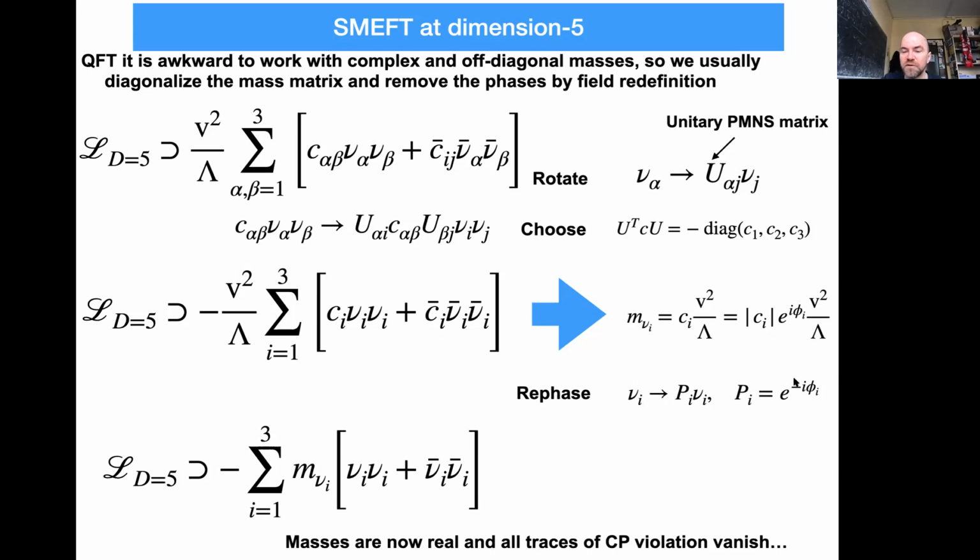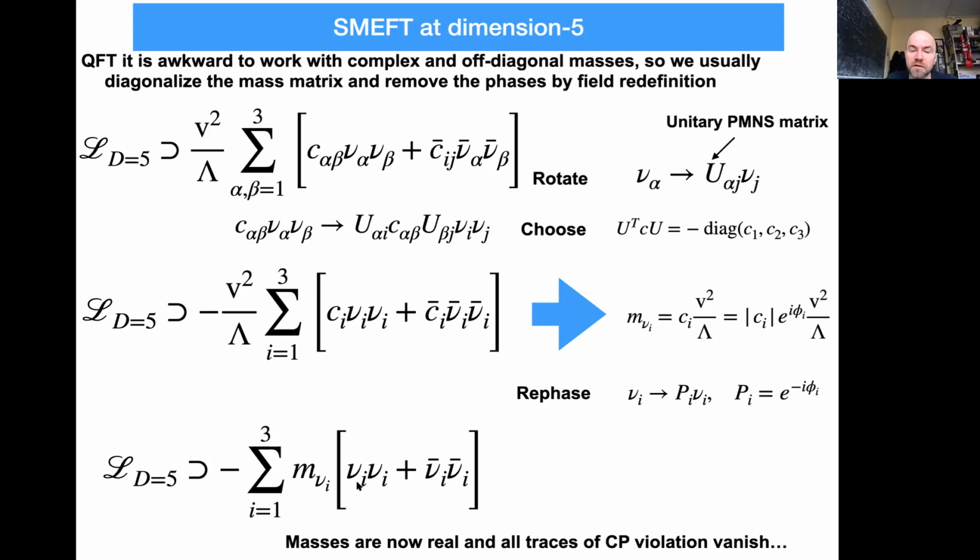Every neutrino field can be redefined by an independent phase, and we choose this phase such as to cancel the phase that is in this eigenvalue C. And after this rephasing, we got neutrino masses that are real and diagonal. So this is the operation that you have to do to get to the convenient form.